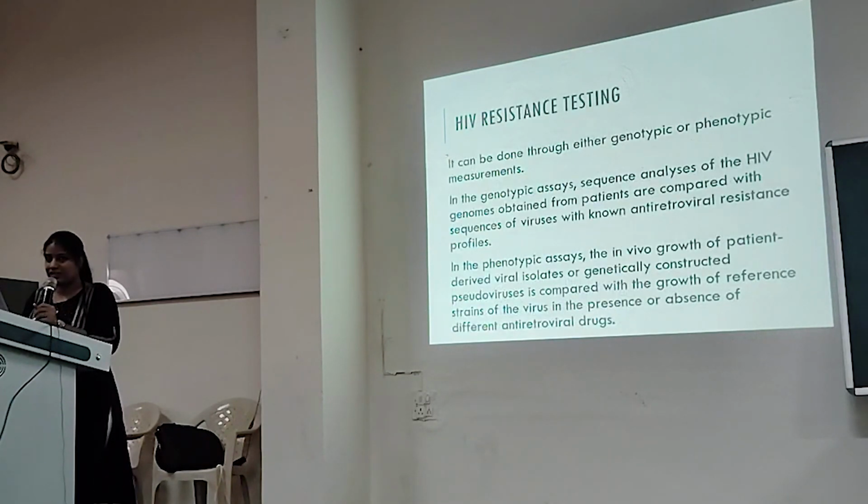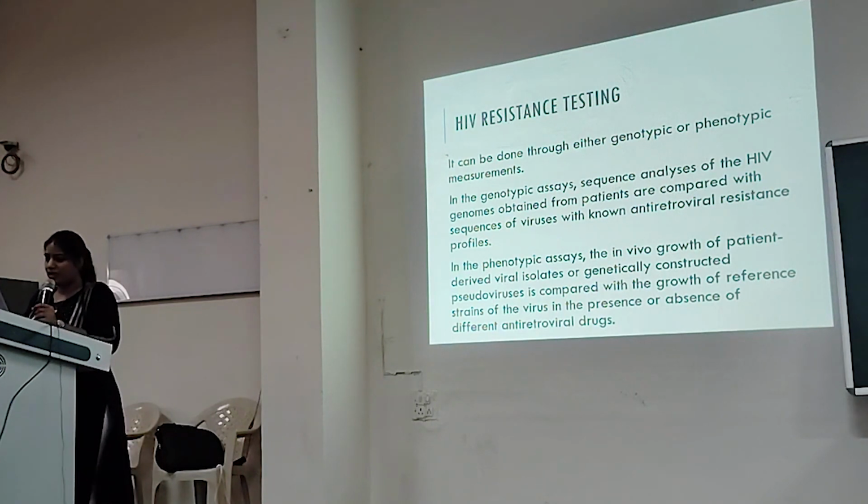HIV resistance testing can be done through genotypic assays or phenotypic assays. In genotypic assays, sequence analysis of HIV genomes obtained from the patient is compared with the sequences of viruses with known antiretroviral resistance profiles.